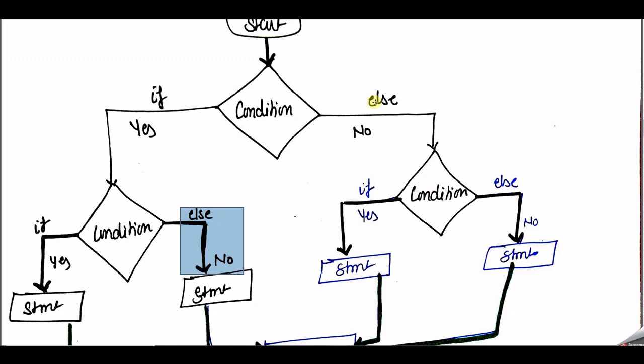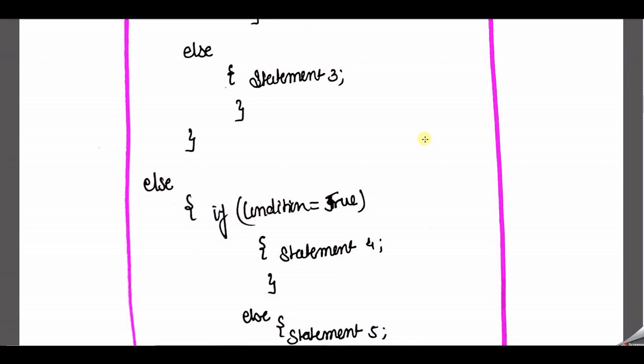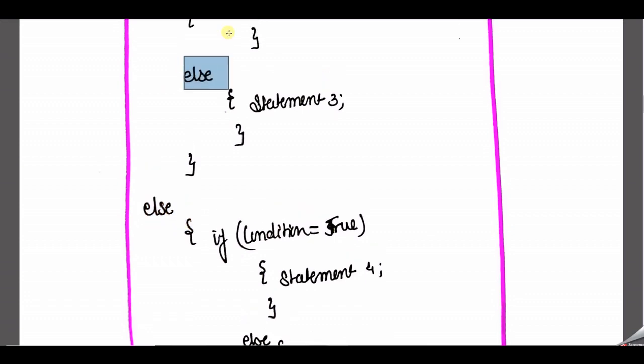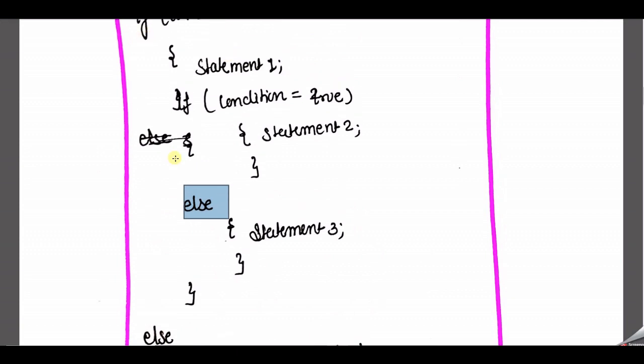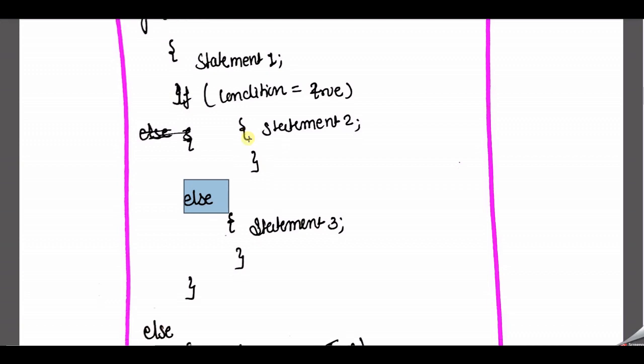Because in the syntax you can see there is an else followed again by an else, but this is the outer else and this is the inner else. That means if and then if-else is a combo, a nested if. So don't confuse the inner if-else with the outer if-else. This is the most important point.